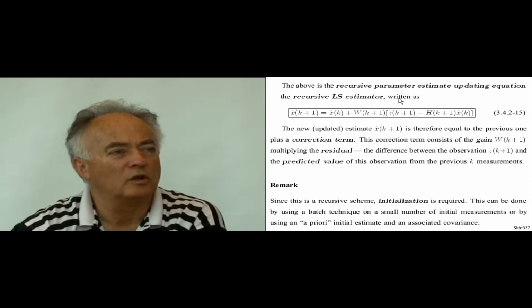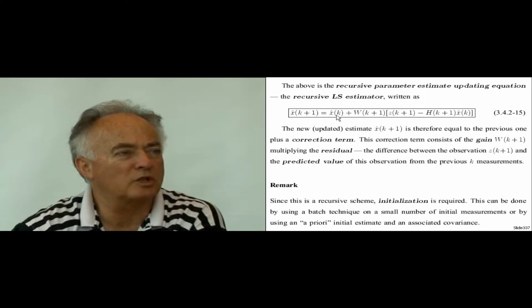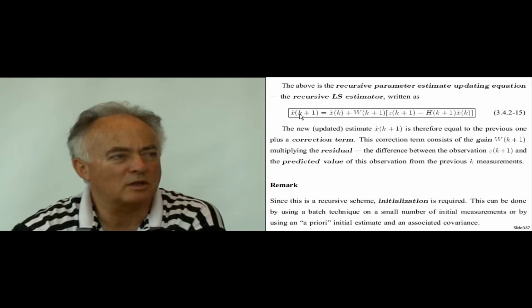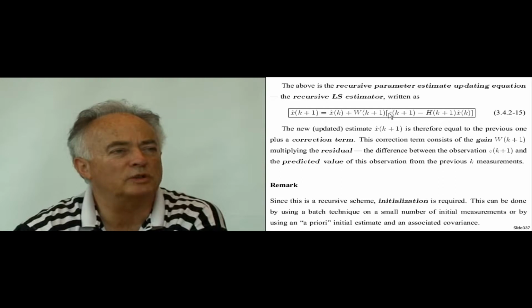We can rewrite it one more time by saying that the new estimate equals the old estimate plus W times (z minus H x hat). And this is the last and final form, because what we have now is: new estimate is old estimate plus gain times a correction term.